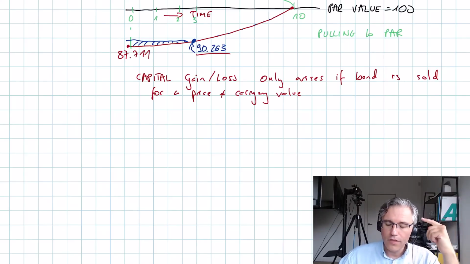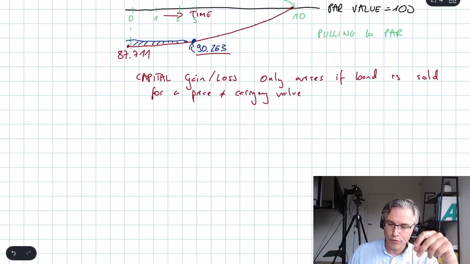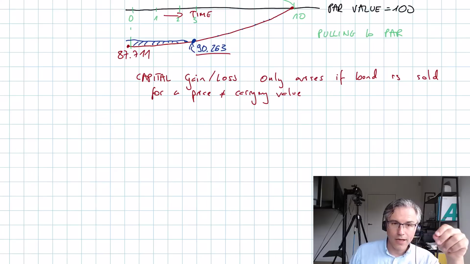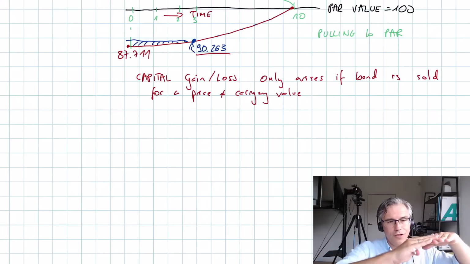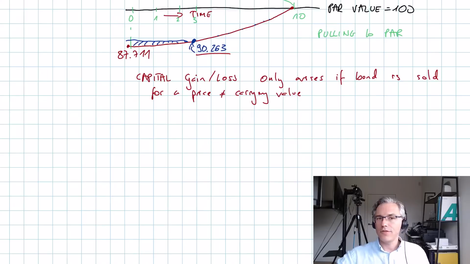You only have a gain or loss if the price for which you sell is different to carrying value, but carrying value changes over time due to this amortization of the discount or the premium. Of course, if you buy a bond for exactly its par value, there is no amortization effect, so carrying value stays at the initial cost of purchase.